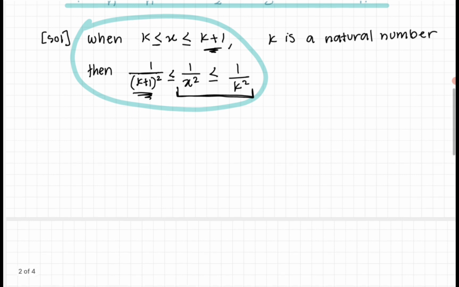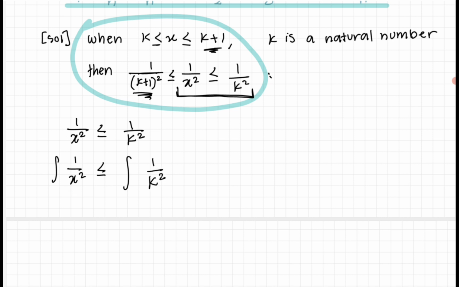So from here, we know that 1 over x squared is less than or equal to 1 over k squared from that theorem. Now, let's take the integral of both sides: the integral of 1 over x squared is less than or equal to the integral of 1 over k squared, and this is going to be from k to k plus 1.